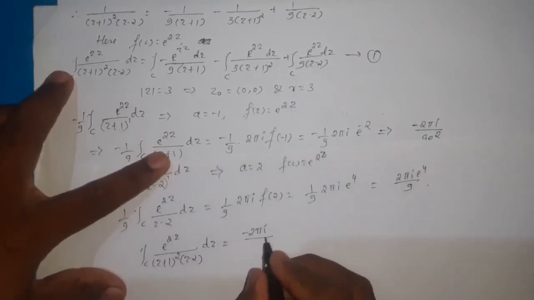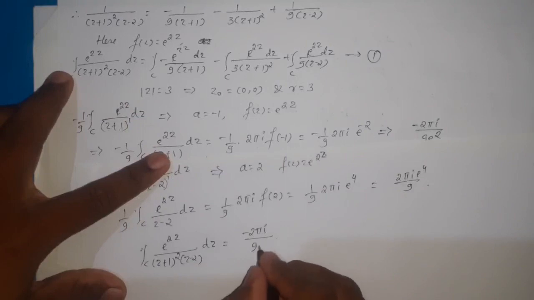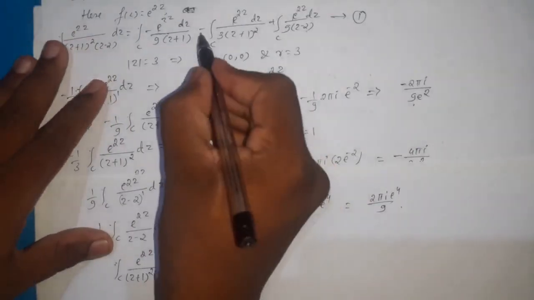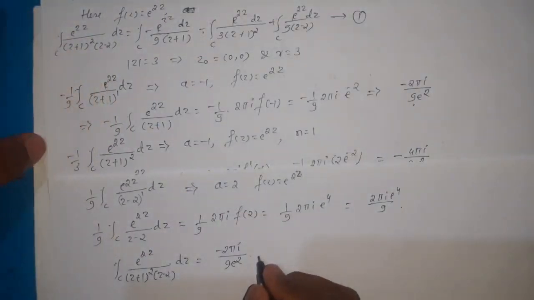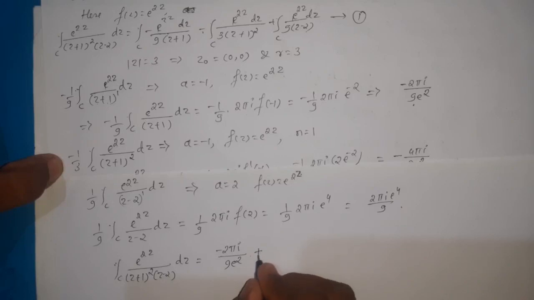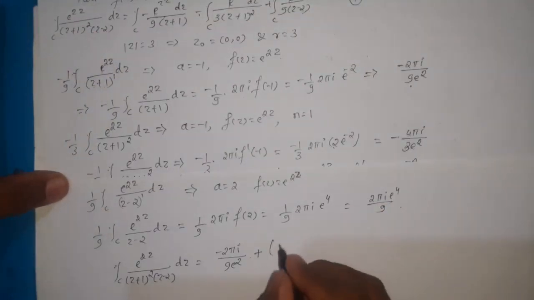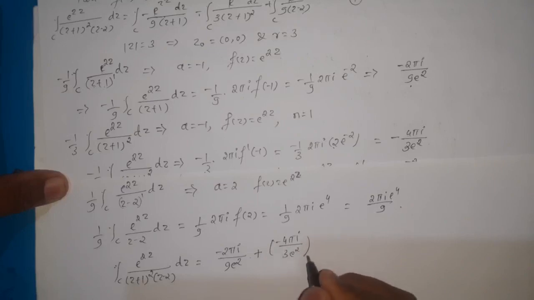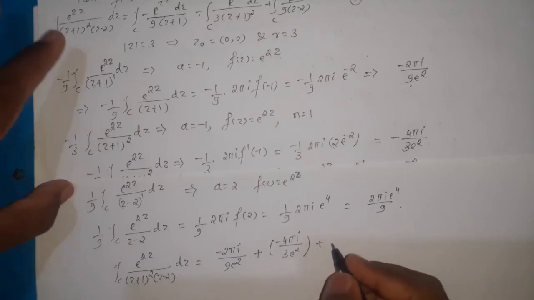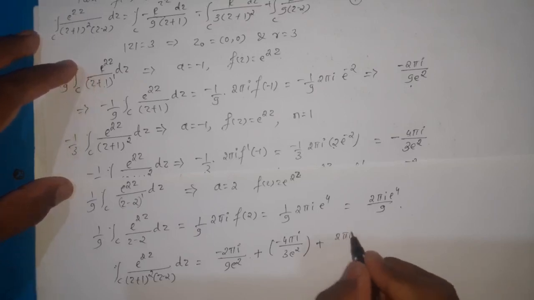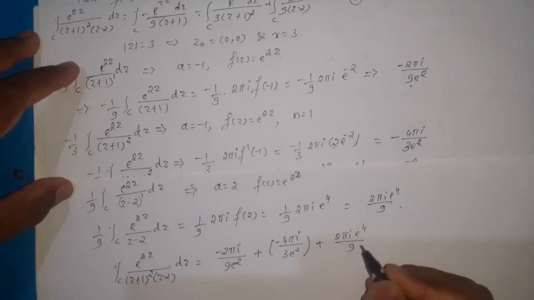Then the minus sign we have already considered, so it becomes plus, and its value is minus 4 pi i divided by 3 e square, plus the value of the last one, 2 pi i e power 4 divided by 9.